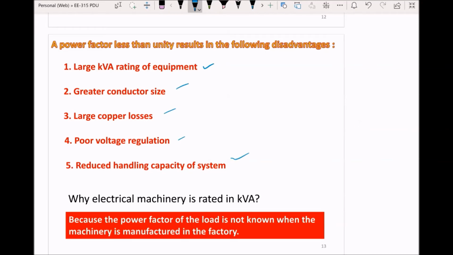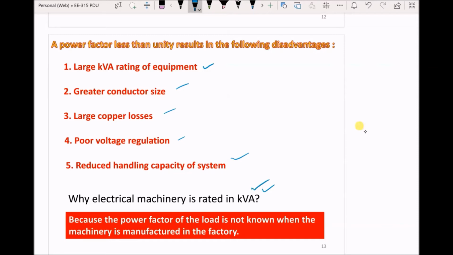And there's an interesting point which needs to be noted, that is why electrical machinery is usually rated in kVA. The reason is that mostly the generators and transformers, when they are designed or manufactured, do not have the information of the loads in terms of their power factor, and that is why they are rated in kVA.